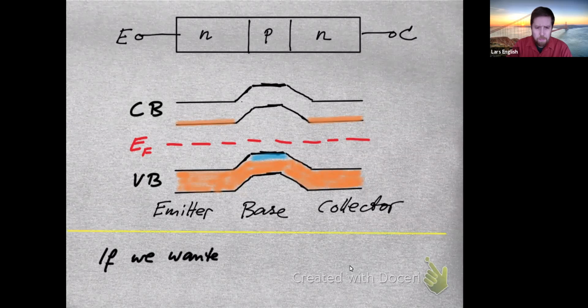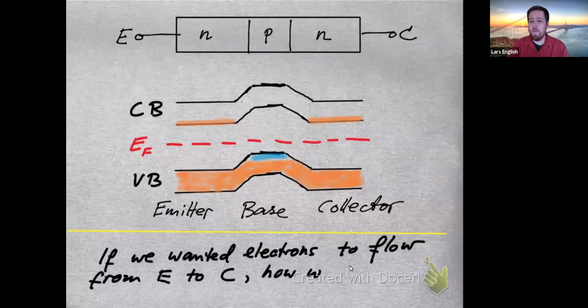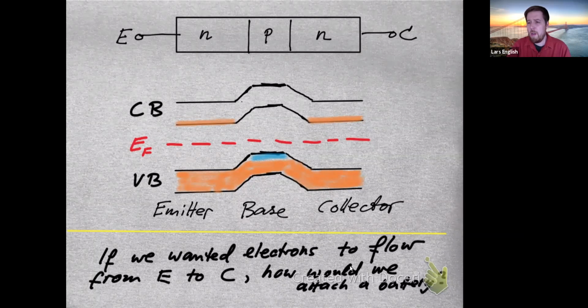And so here's the question for you. If we wanted electrons to flow from the emitter to the collector, how would we have to hook up a battery to this? Okay, so you would like to now have electrons flow through this transistor from left to right. How would we have to attach a battery to this transistor?